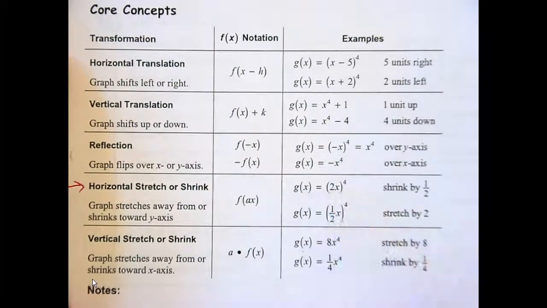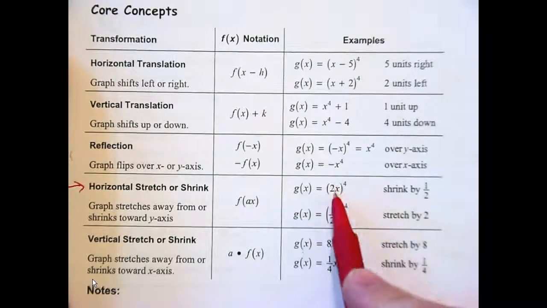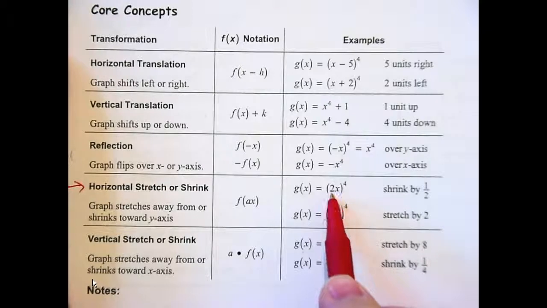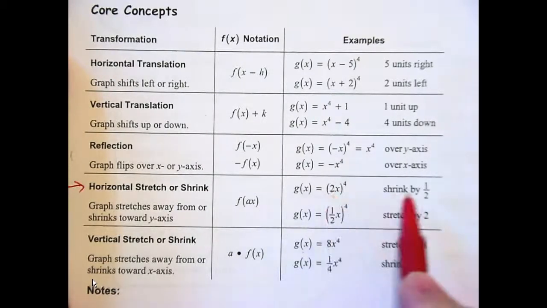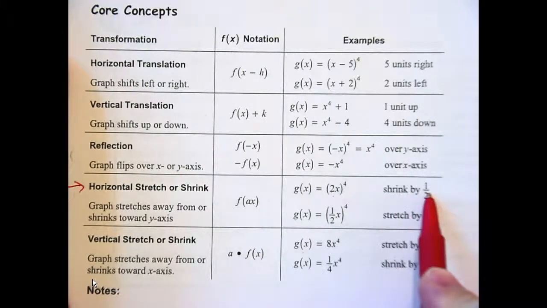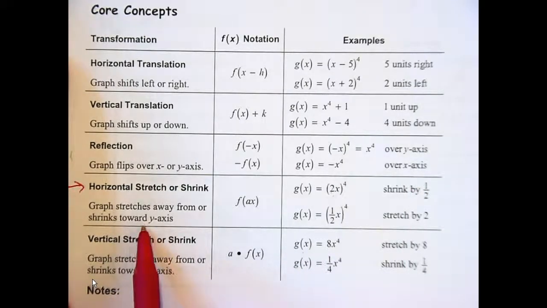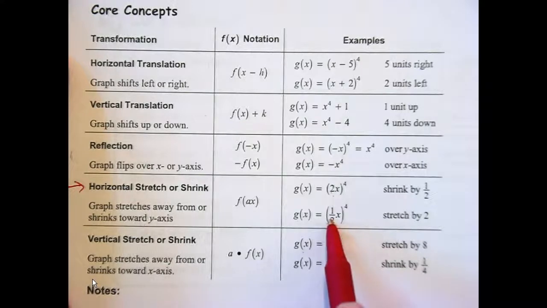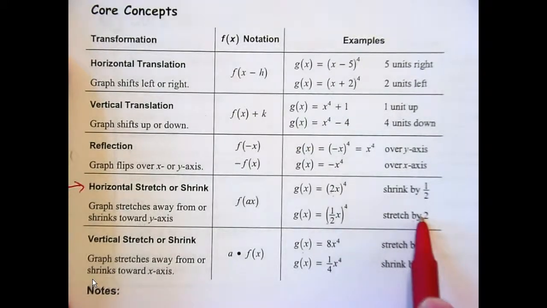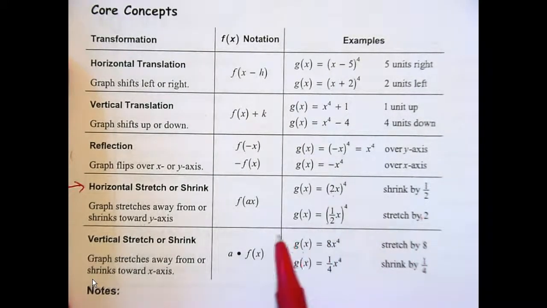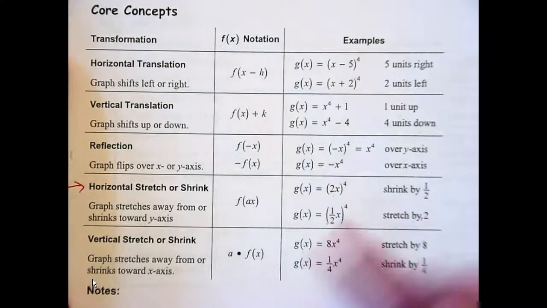But remember, that happens on the inside here. If it's 2 on the inside, it's kind of counterintuitive on the inside. That means it's actually shrinking by 1/2. And it's shrinking away from the y-axis. Okay? If it's a 1/2 on the inside, it's stretching by 2. And it's stretching away from the y-axis. Okay? So it's kind of backwards on when it's happening on the inside.